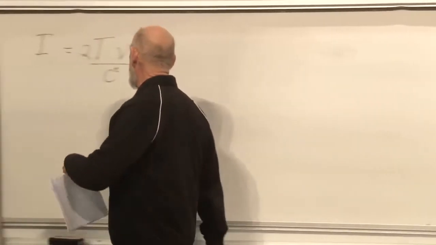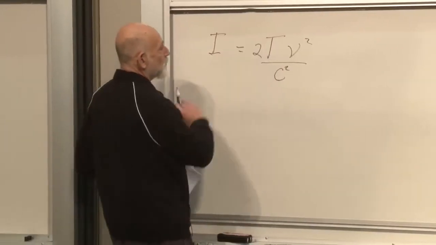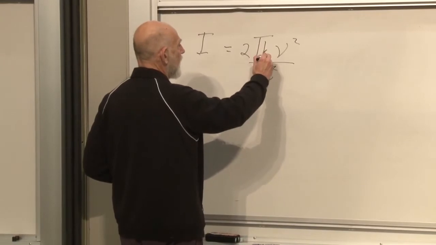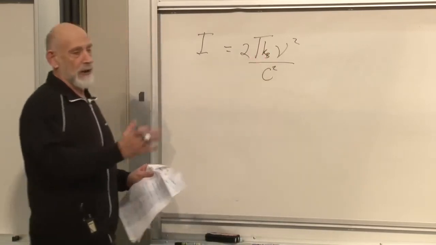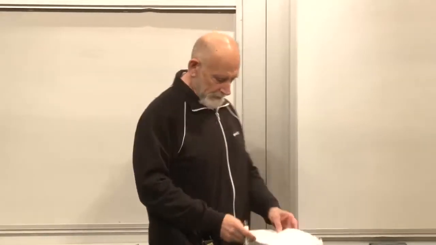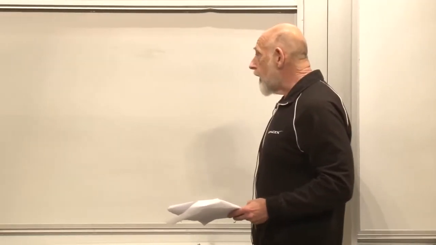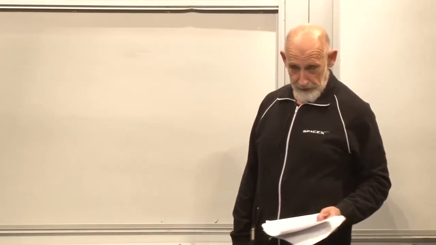I said I would keep k Boltzmann around, but the rule is always the same. Whenever you see a temperature in the formula, multiply it by k Boltzmann, and think of temperature times k Boltzmann as a single thing with units of energy. All right, so that's the formula for the energy per unit volume per unit frequency.